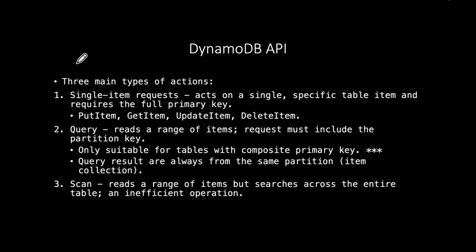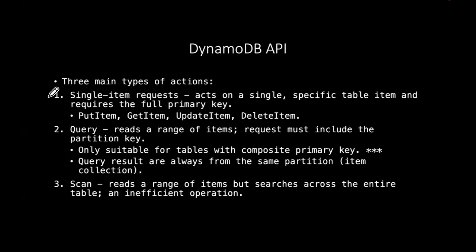Now, DynamoDB provides a web API interface. And this is when things start to differ a little bit between the DynamoDB NoSQL model and the NoSQL model that's available from other NoSQL databases.